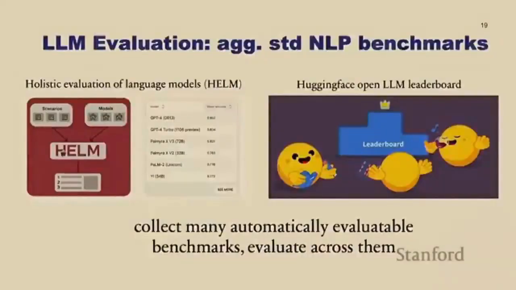Another way of evaluating these LLMs, and now more common in academia, is to take all the classical NLP benchmarks, and I'll give you a few examples later, and aggregate everything. So you collect as many automatically evaluatable benchmarks as possible and evaluate across all of them.